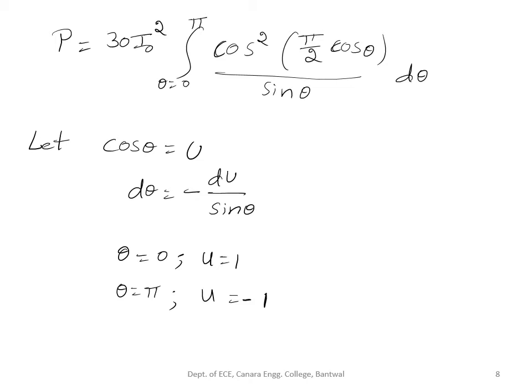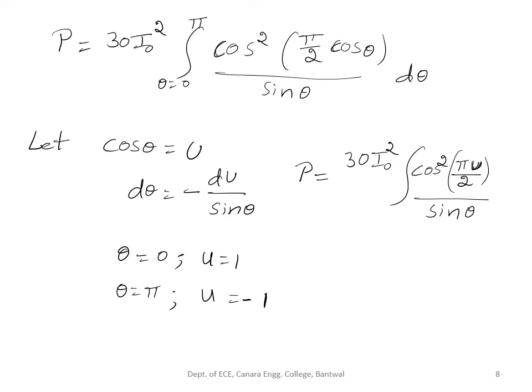When I substitute these values, radiated power is equal to 30 I naught square integration of cos square of pi u by 2 divided by sin theta d theta, where d theta is equal to minus du divided by sin theta, limit 1 to minus 1.